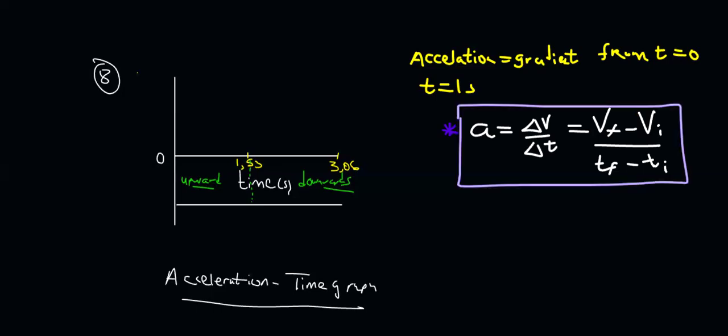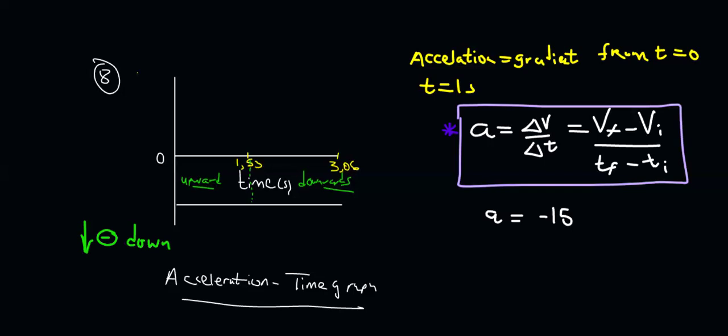So acceleration is equal to our final velocity. Remember, let me remind you when we're choosing direction: down we consider as negative, and up we consider as positive.